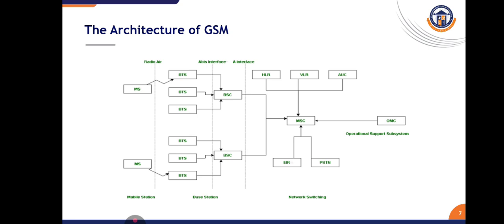We have a mobile station, a base station subsystem, and the network switching subsystem. In the base station subsystem, we have the base station transceiver and base station controller. And in the network switching subsystem, we have the home location register, visitor location register, authentication center, the mobile switching center, and the public switched telephone network. And operational support subsystems.